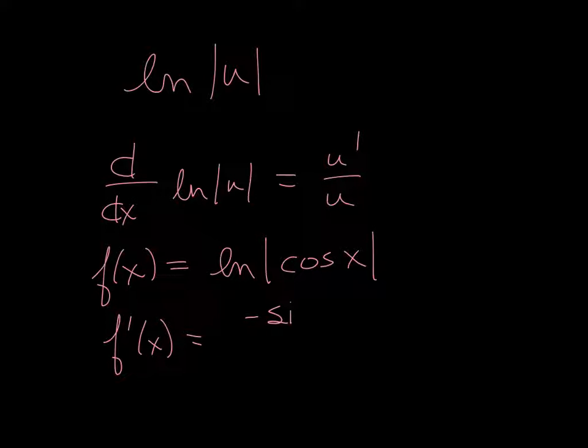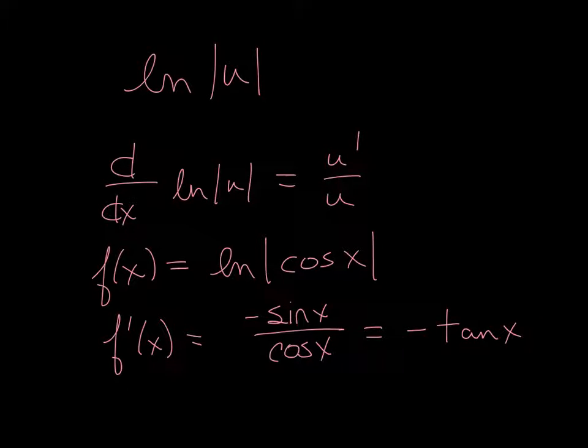Negative sine of x over cosine of x, which equals negative tangent of x. And we will see that again later in the next section. We haven't found all the derivatives or antiderivatives of the trig functions yet, so this will help us in the next section. All right, but notice when I took the derivative, I didn't have to worry about the absolute value bars anymore.